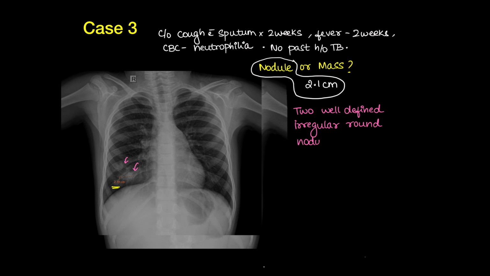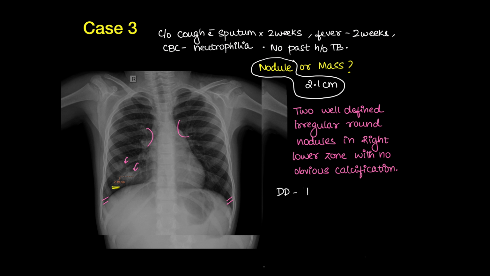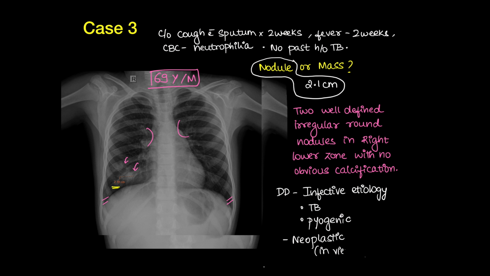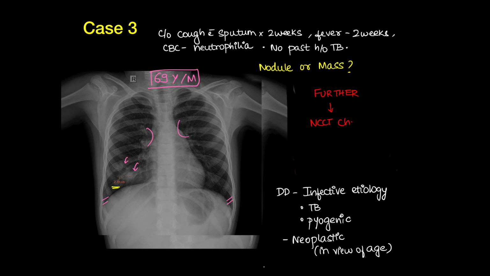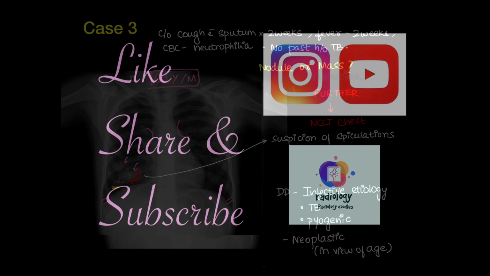There are two well-defined irregular round nodules in the right lower zone with no obvious calcification visualized on chest X-ray, normal hilum, no pleural effusion. So the differential will be infective etiology, that is tubercular or pyogenic. This was a 69-year-old male with a smoking history, so keep neoplastic as a second differential diagnosis and go for further NCCT chest to rule out whether it has a spiculated margin or not.